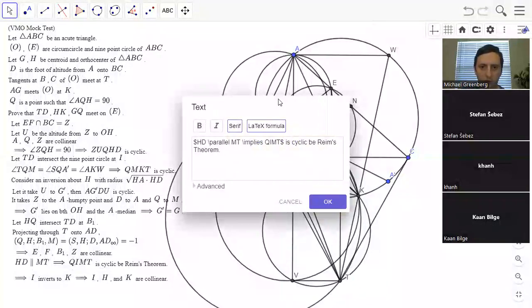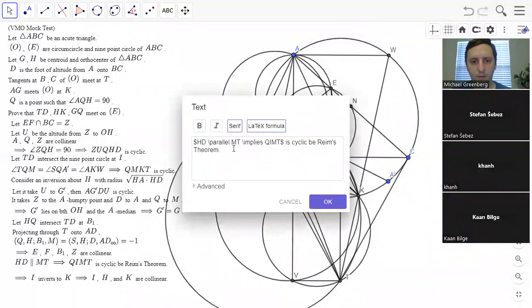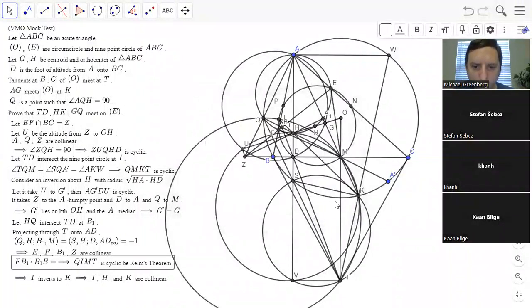Okay, so we have FB1 times B1E equal to QB1 times B1H.